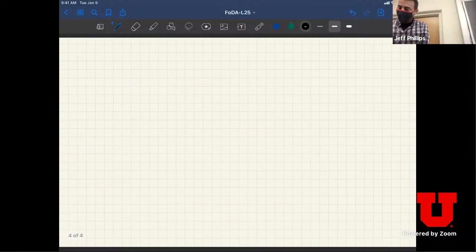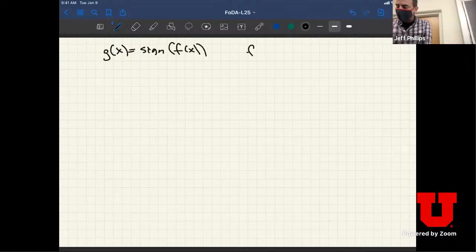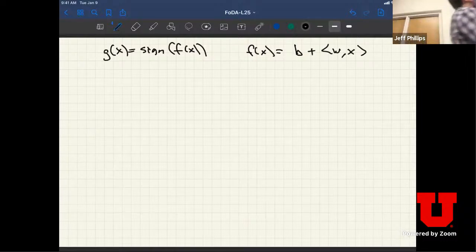So we are given g of x equals sign of f of x, and f of x equals b plus the dot product of w and x. This is a compact way of writing it.